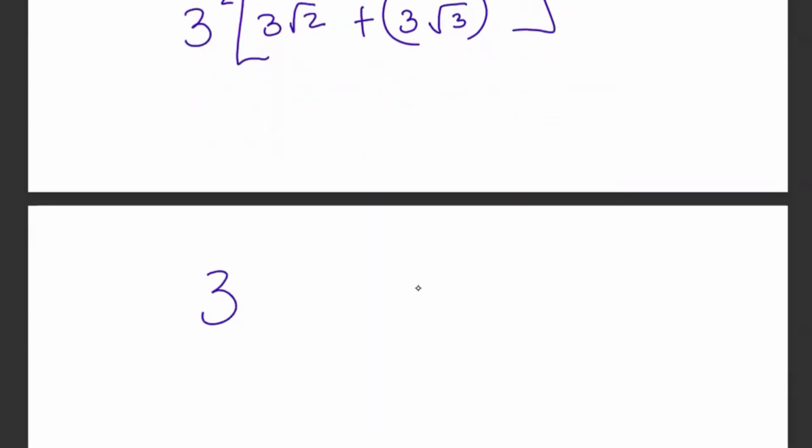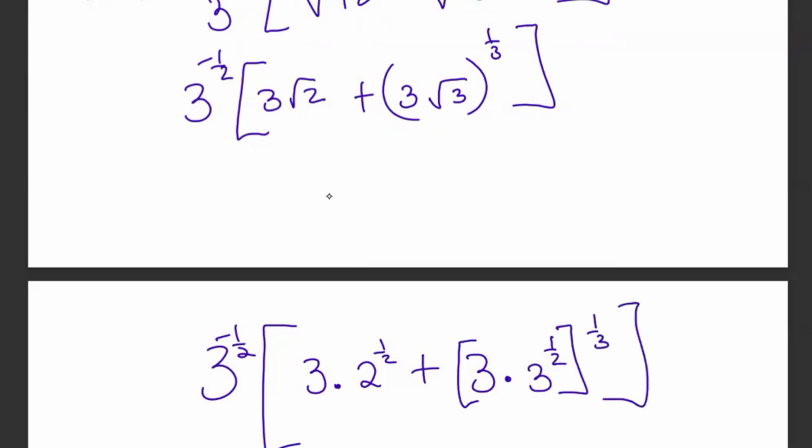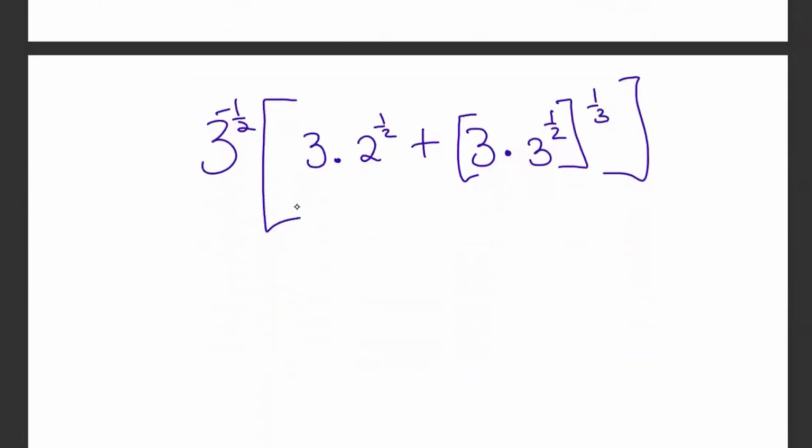So that's 3 to the negative a half into 2 times 3 to the exponent of a half, plus 3 multiplied by 3 to the exponent of a half, everything to the exponent of a third. Let's now do the multiplication.